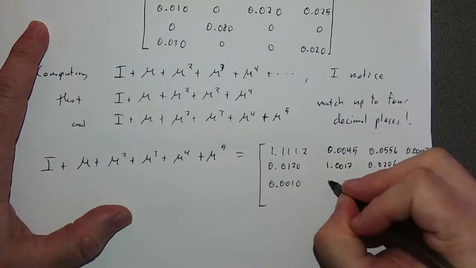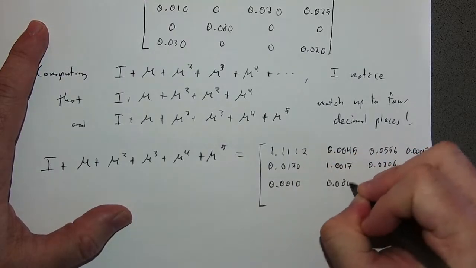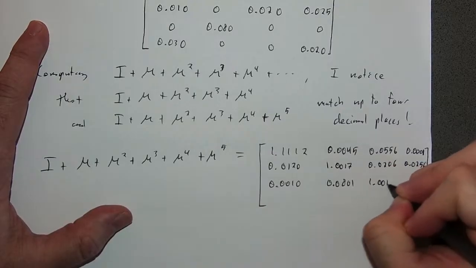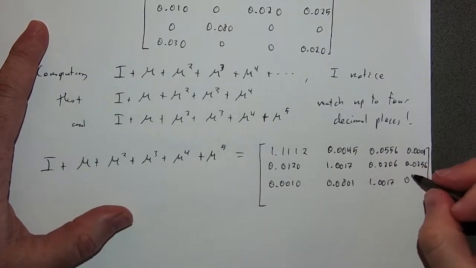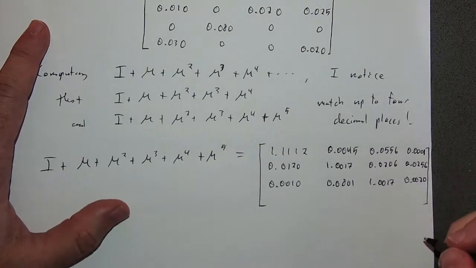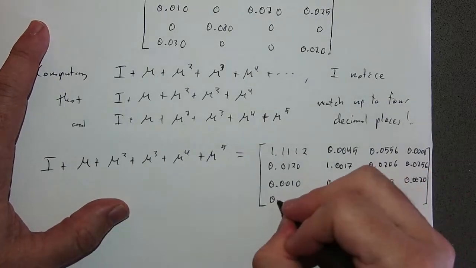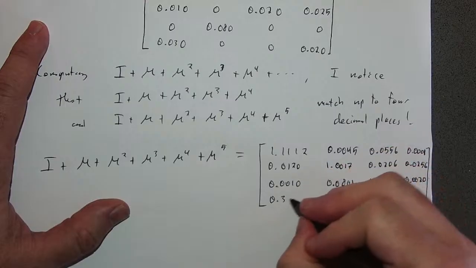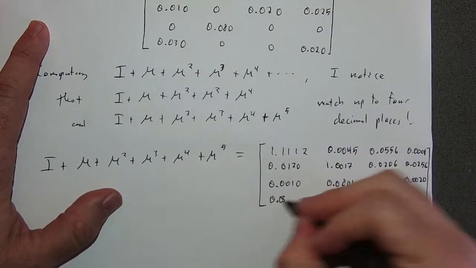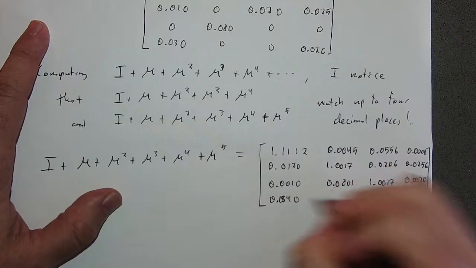0.0010. Filling this out fully so that you can see what it is that's going on here. Notice the diagonal entries are matching our experience of how they should look in these problems given what this is computing. Sorry, this is 0.0340.